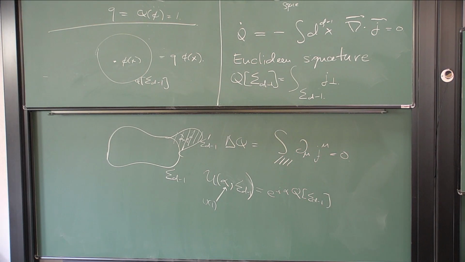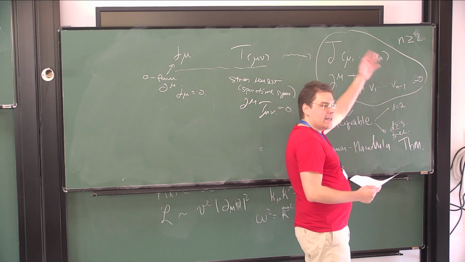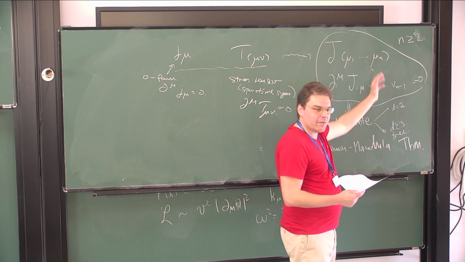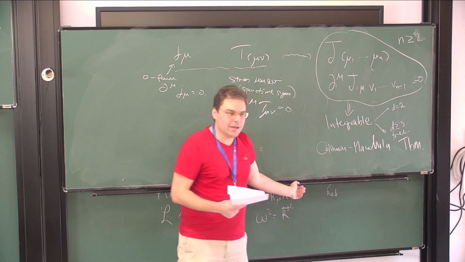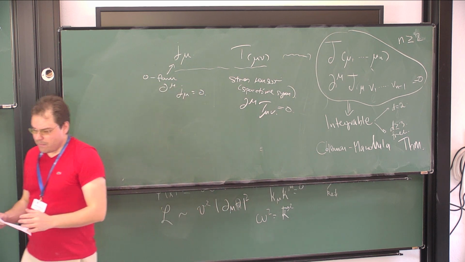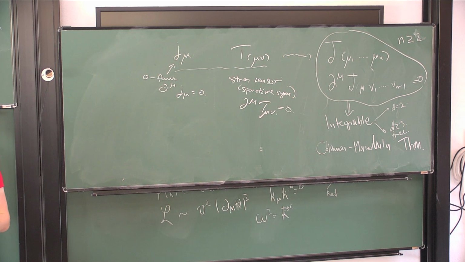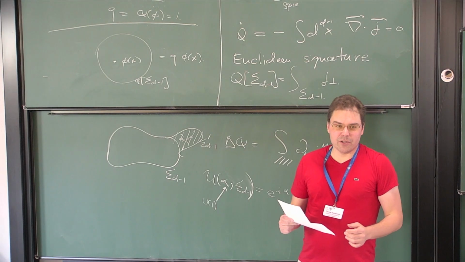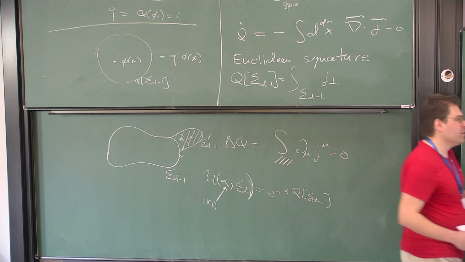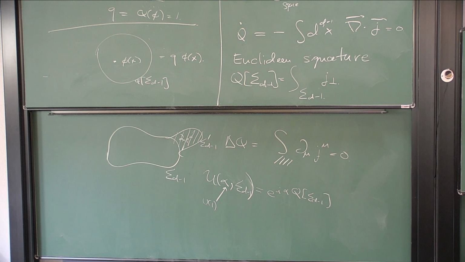If you have these higher conservation laws, they give you more conserved quantities that depend on the momenta of the particles you scatter. And in general, they're also nonlinear polynomials of the momenta. And that basically means that the scattering amplitude is trivial. So in these models, you don't have scattering.